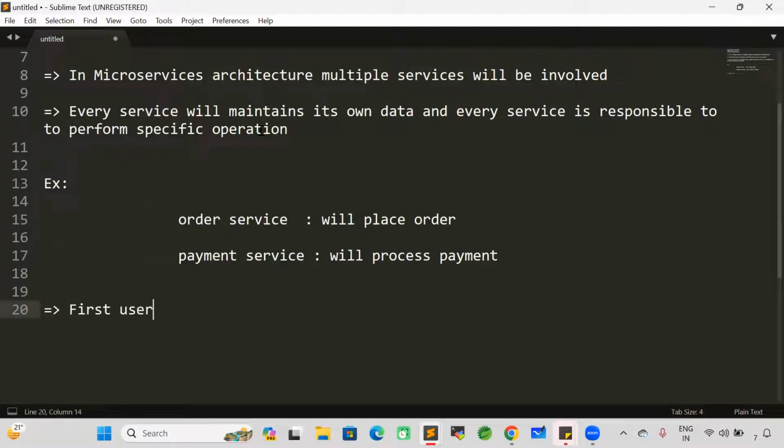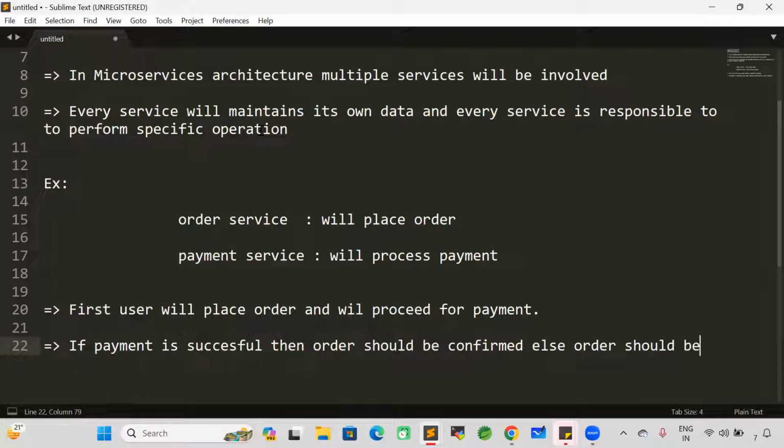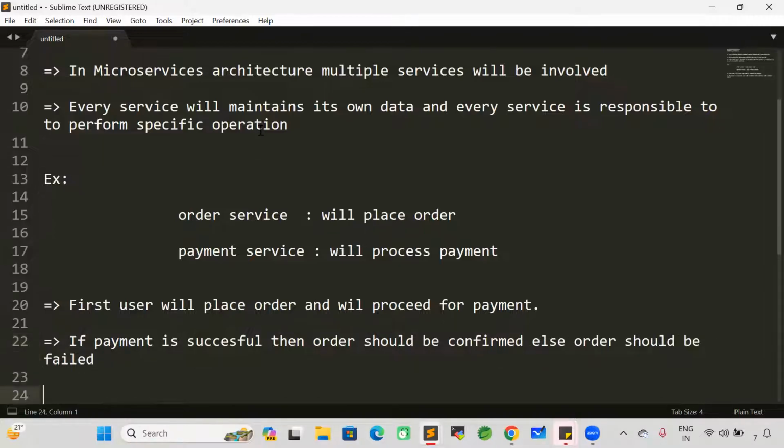First, user will place order and will proceed for payment. If payment is successful, then order should be confirmed. Else, order should be cancelled. Order should be failed. Okay.